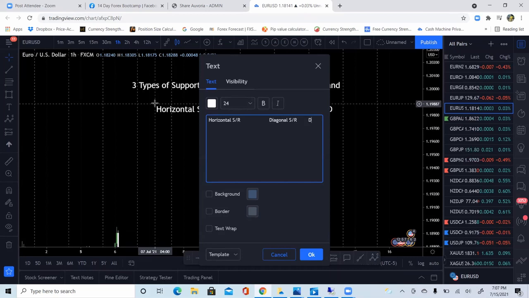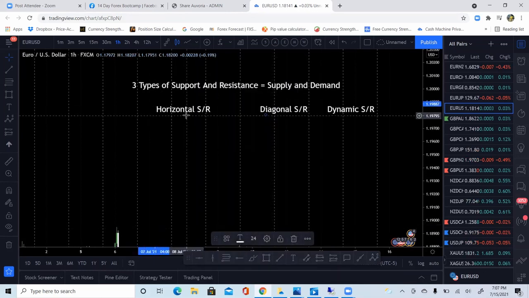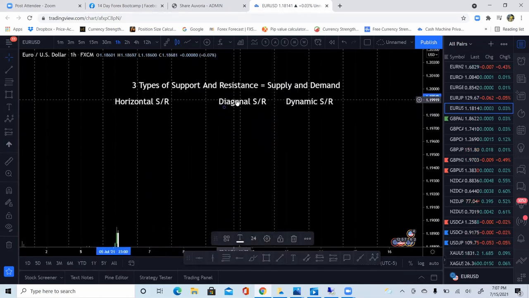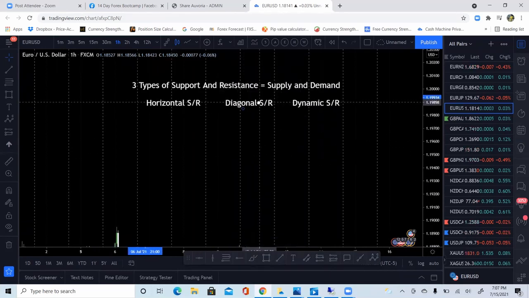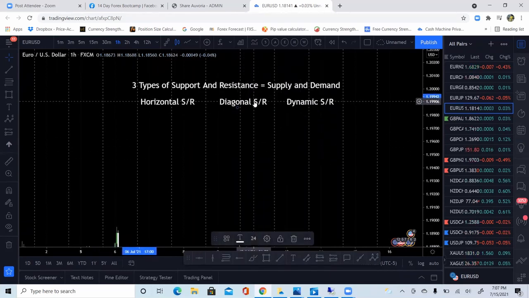Then you have your dynamic SNR. There we go. So you got horizontal, diagonal, and dynamic. So let's start off with the horizontal one.